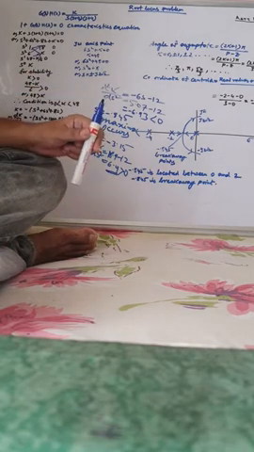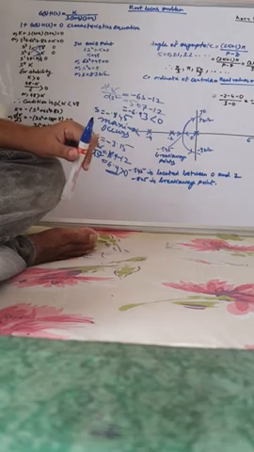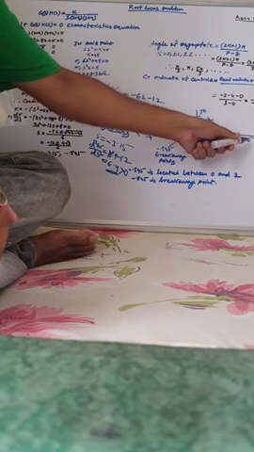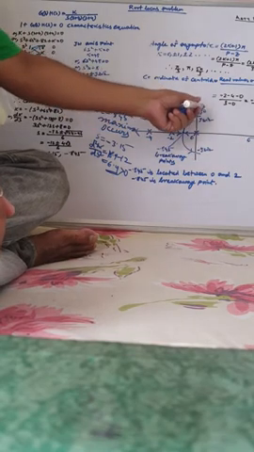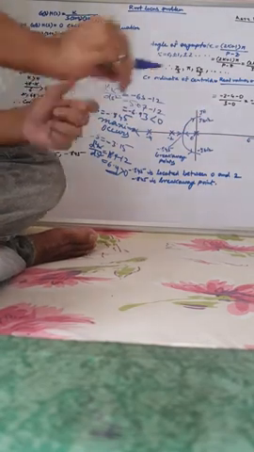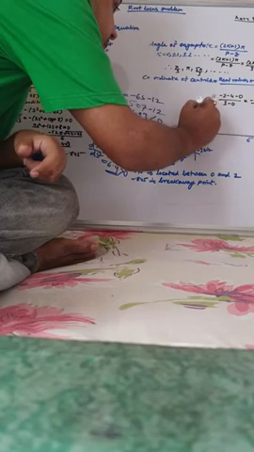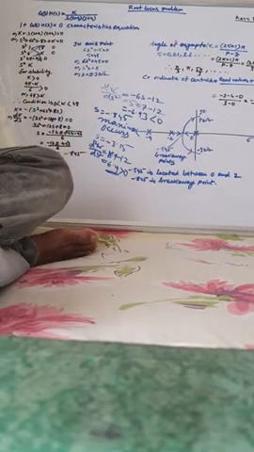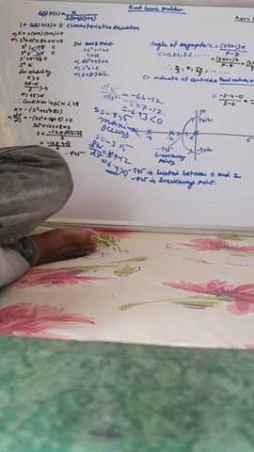So minus 0.845 is the breakaway point and this is your root locus plot. This is the real axis sigma, this is the imaginary axis j omega.